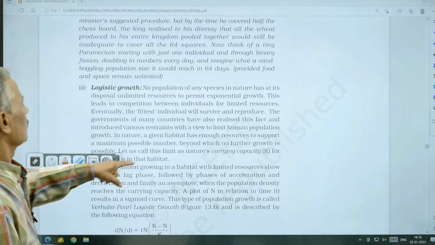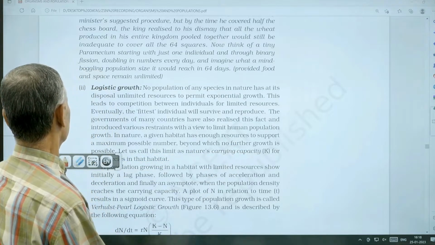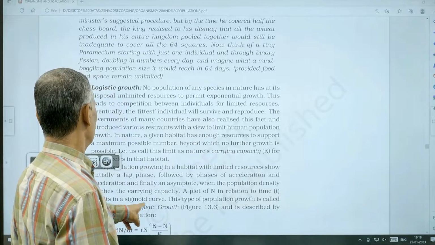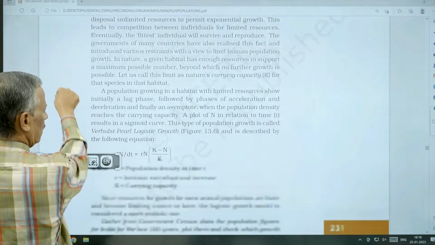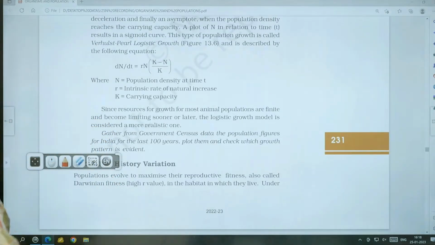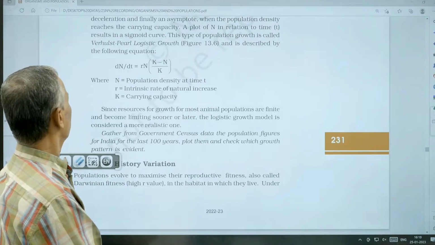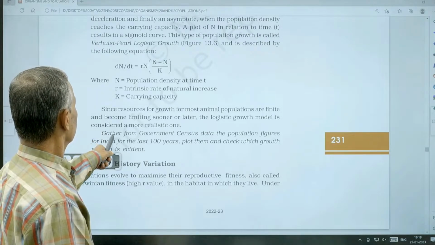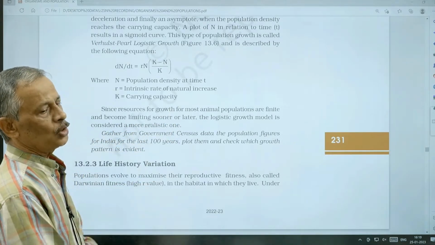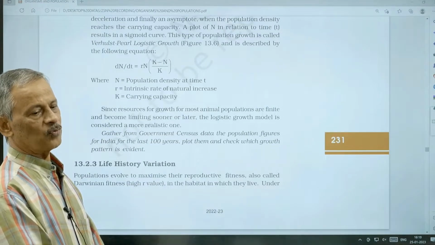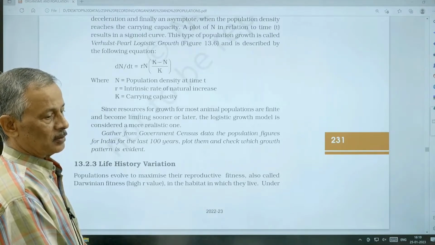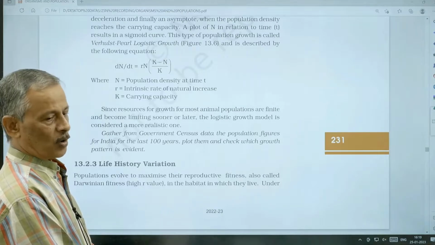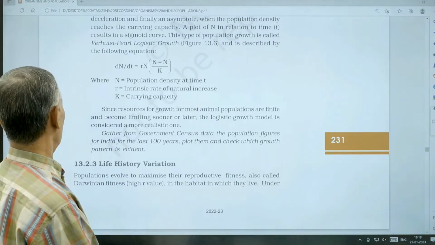Okay, so carrying capacity, Verhulst-Pearl logistic growth pattern. So there are two basic patterns for growth in populations: J curve, exponential growth; sigmoid curve, realistic growth.